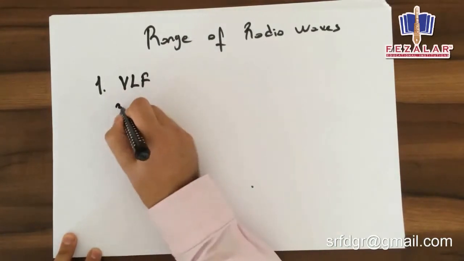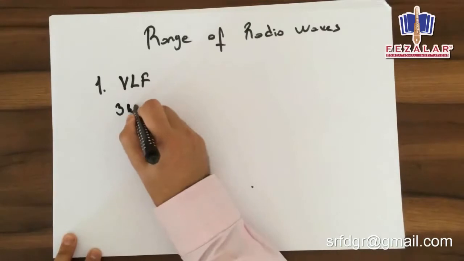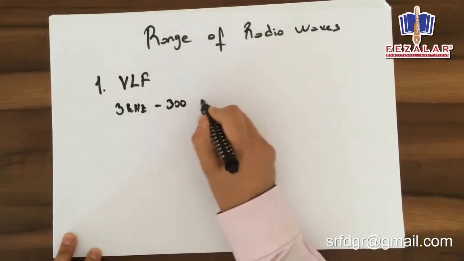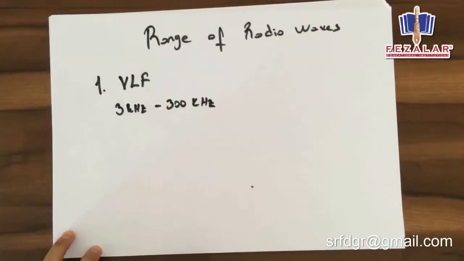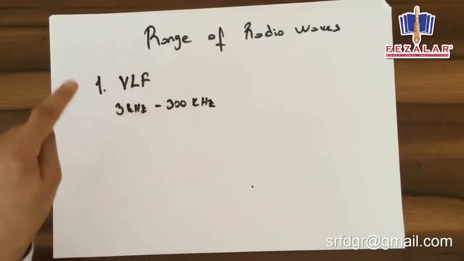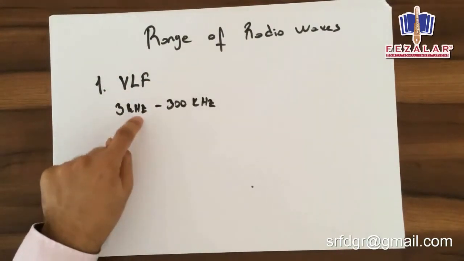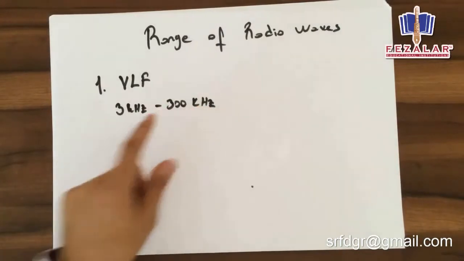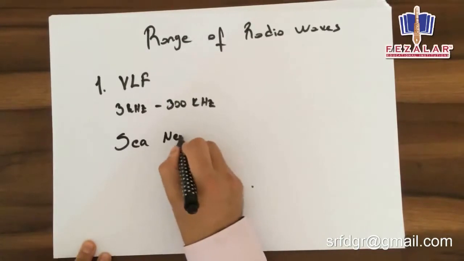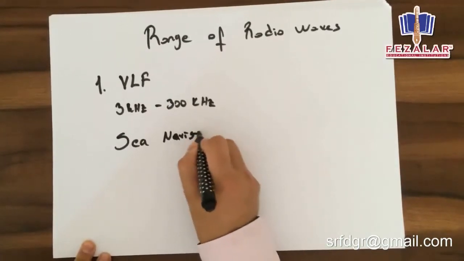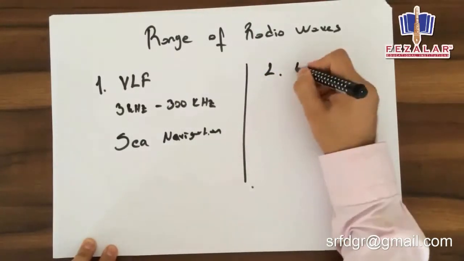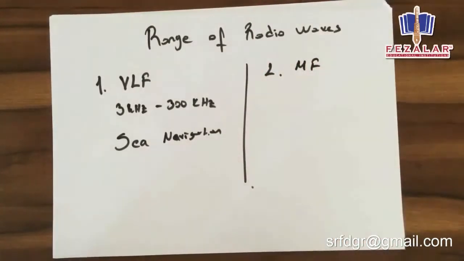This range is between 3 kilohertz and 300 kilohertz. What is it? Very low frequency zone. And what is its range? 3 kilohertz to 300 kilohertz. And where are they used? They are used in sea navigation.